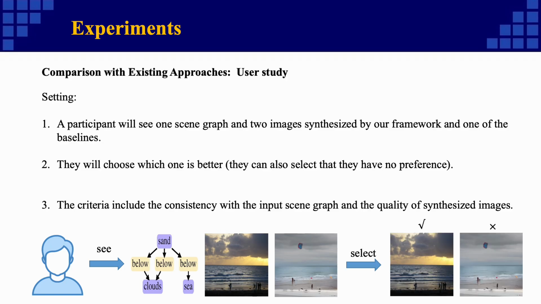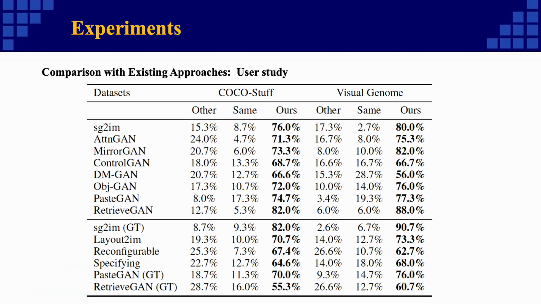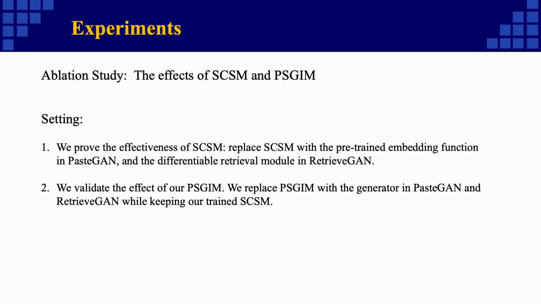They will have to choose which one is better. Especially, they could also select that they have no preference. The results are shown in this table, and we can see that our framework can better complete the synthesis from scene graph to images. We also do some ablation studies.